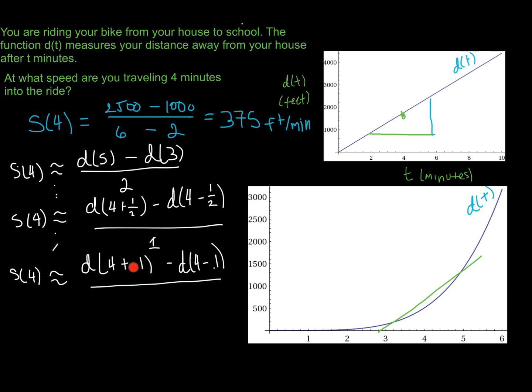In other words, we had a distance of 0.1 to the right and a distance of 0.1 to the left, so that total amount of distance is 0.2, or 2 times 0.1.